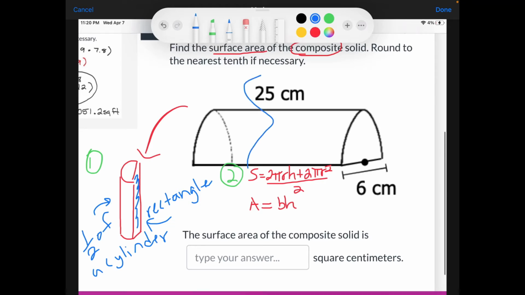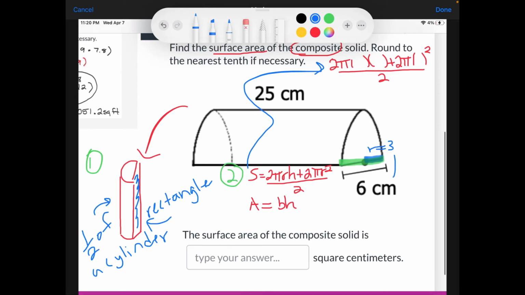Okay, so let's go ahead and start with the surface area. I'm going to do my work right here. So it's 2 pi r. Now what is your r and your h? I'm going to rewrite this with parentheses to show what I'm doing here. Divide that all by 2. My diameter is 6. To get my radius, I need half of 6. So your radius is going to be equal to 3.